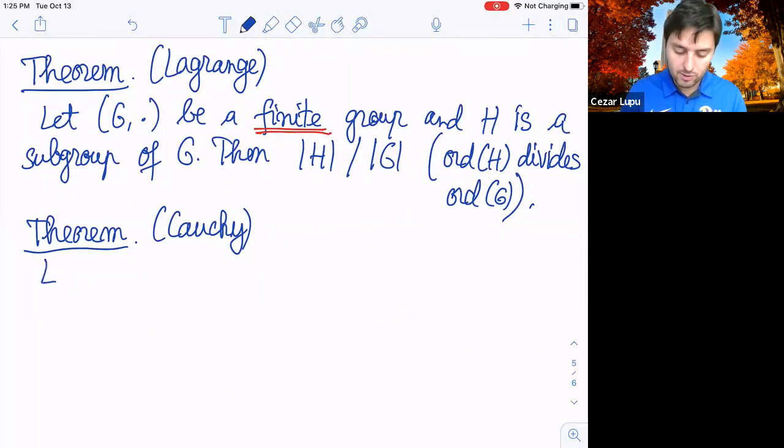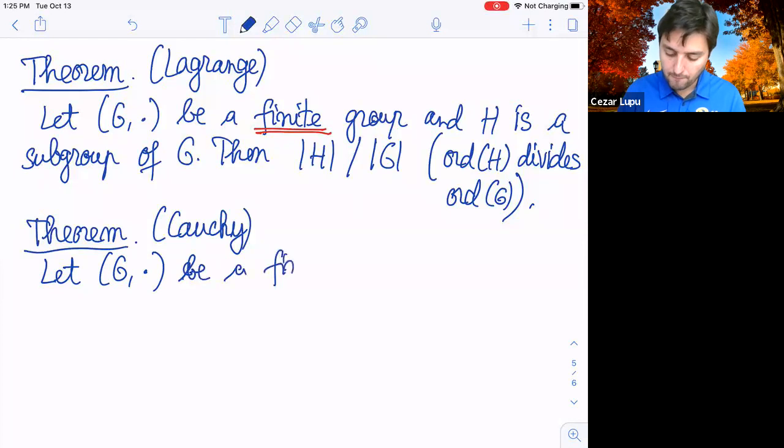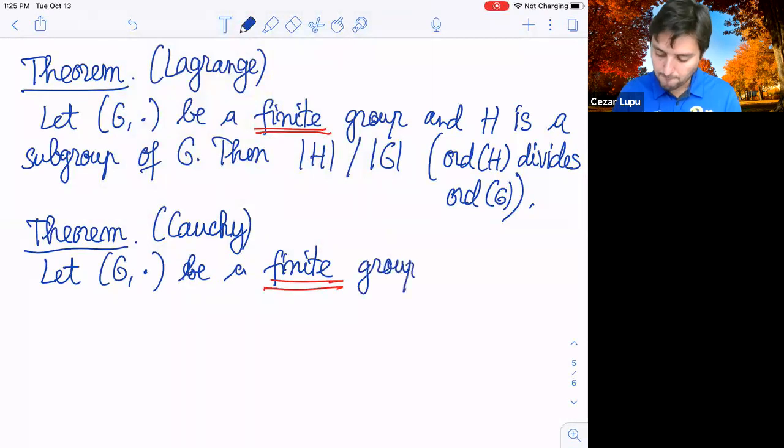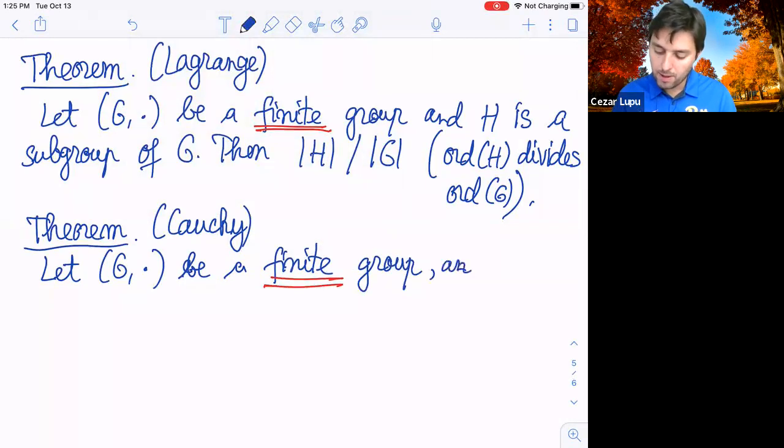Let G be, again, a finite group. Again, as you can see, the word finite here, I want to stress this out. So be a finite group, right? And we'll consider this, and p is a prime number. p is a prime number.